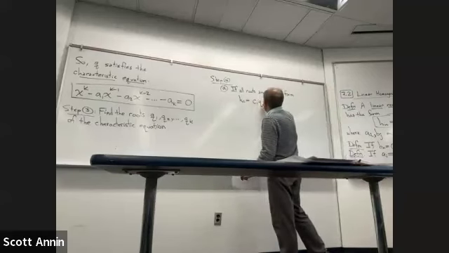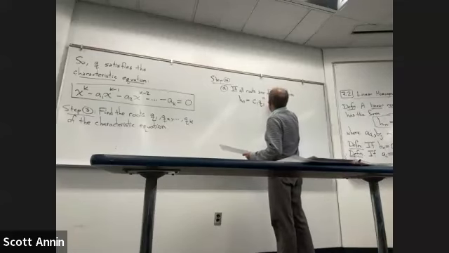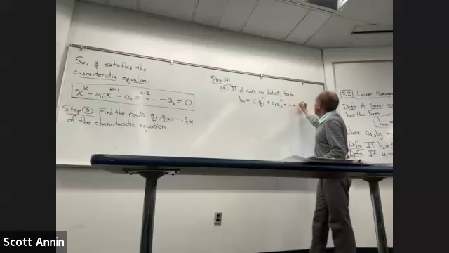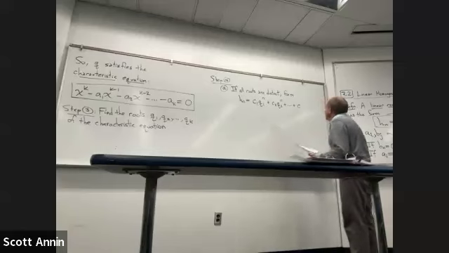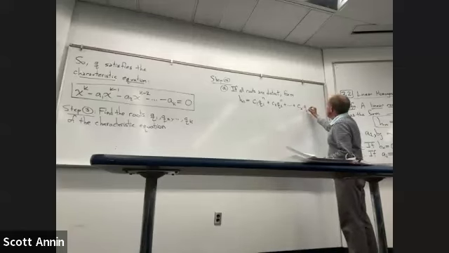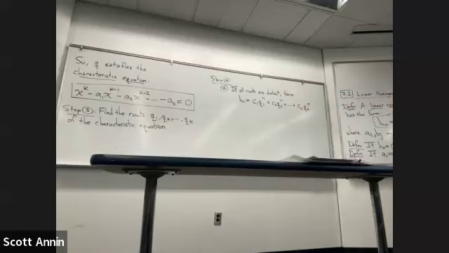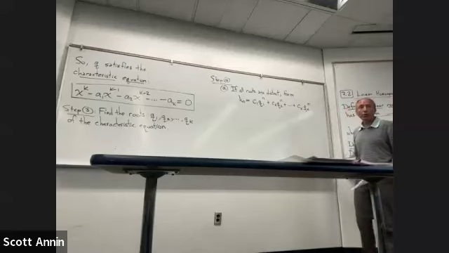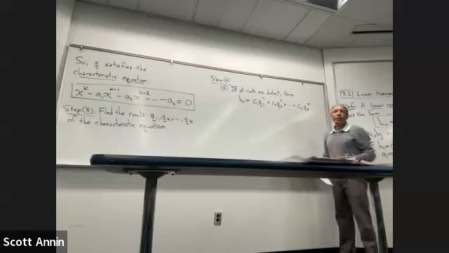You just build linear combinations. So C1 times the first root Q1 to the n, plus C2 times Q2 to the n, plus dot, dot, dot, plus Ck, because I only have k roots, times Qk to the n. And so there you go. You take your k roots and you build the most general linear expression involving them that you can.